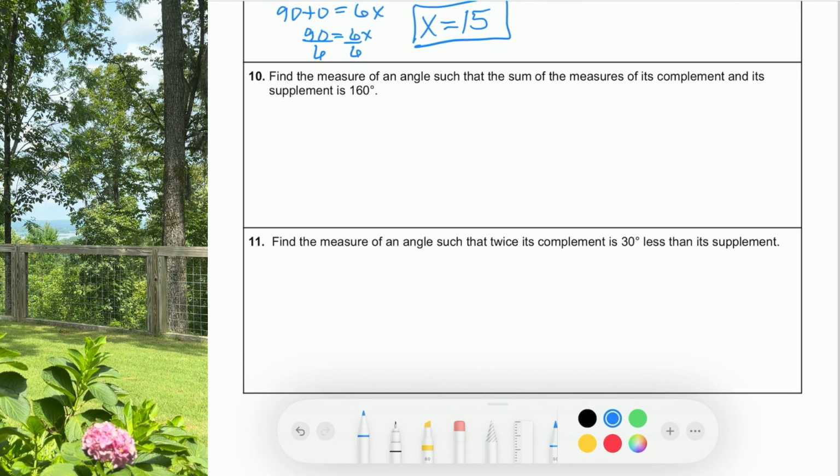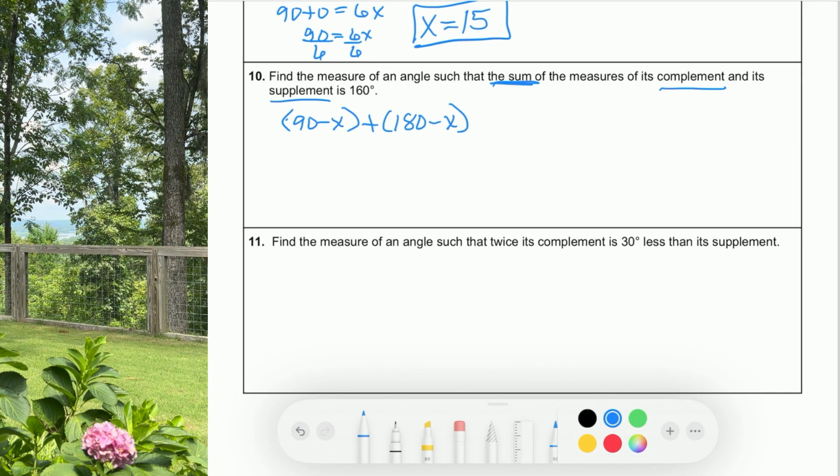We have find the measure of an angle such that the sum of the measures of its complement and its supplement is 160. All right, so they want us to add the complement and the supplement. So our complement is 90 minus x added to the supplement, which is 180 minus x. And they tell us that that results in 160, so equals 160.